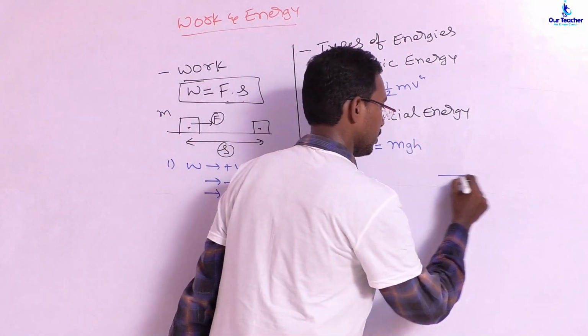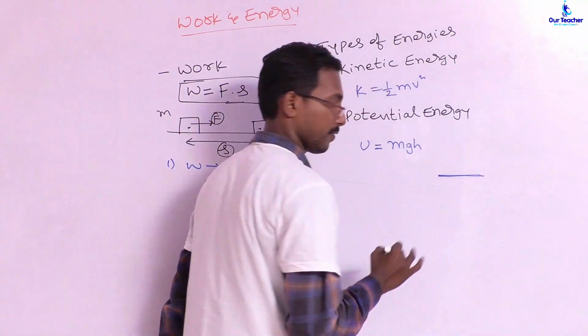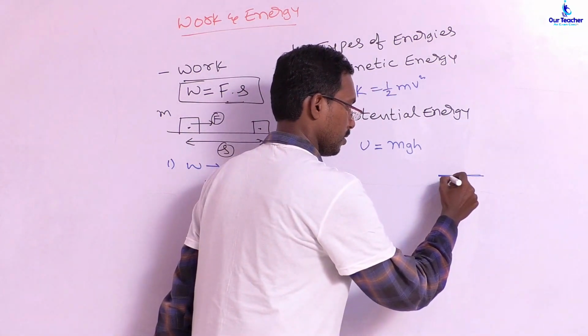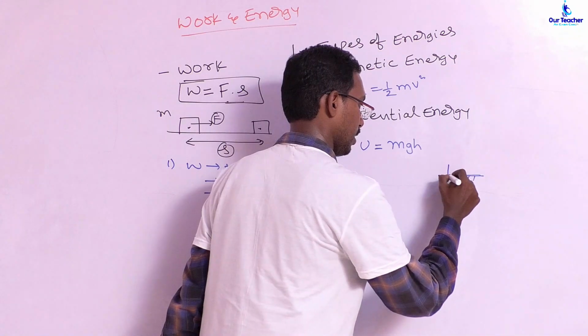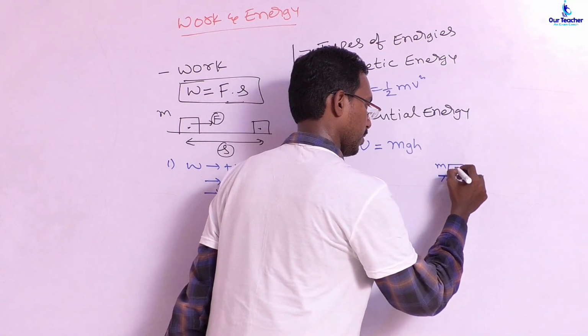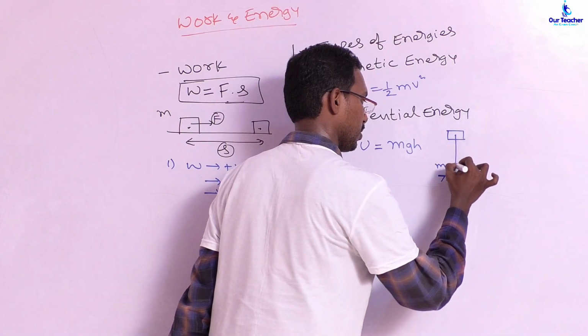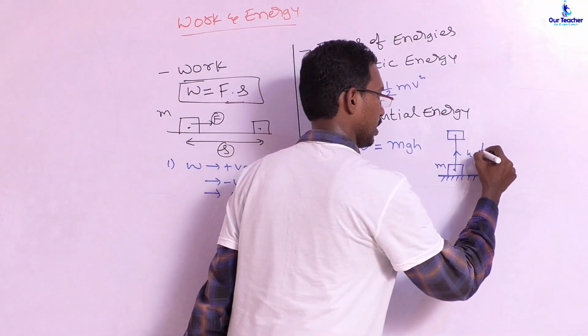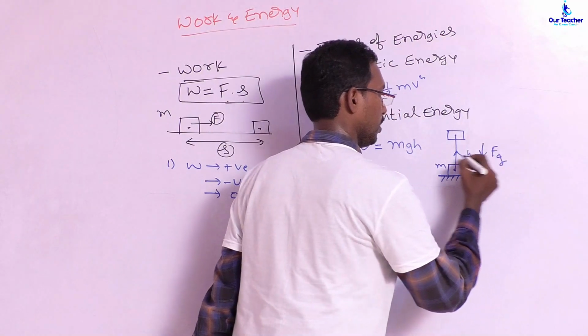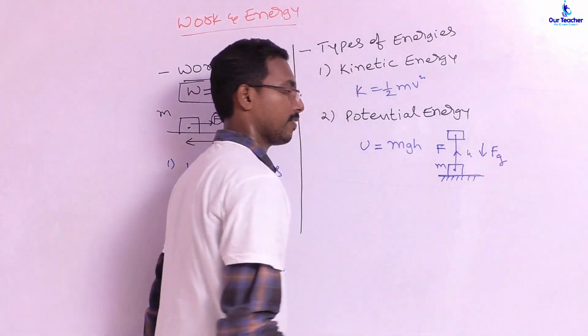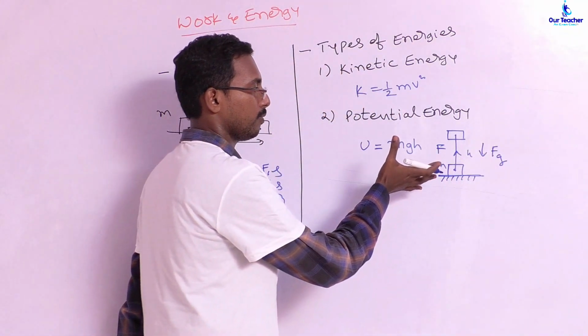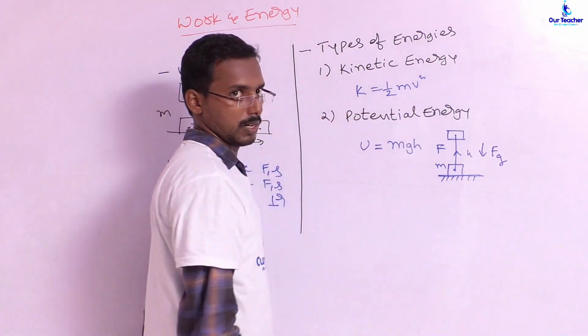The diagram, if you want: let me take a reference point. I have a block of mass m. We are applying a certain amount of force such that this is the displacement of the body, h is the displacement. A gravitational force is acting downward, and we are applying force against the gravitational force. So this work that you have done will be stored as potential energy.